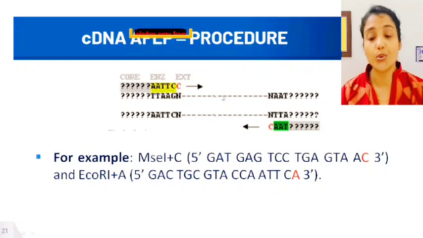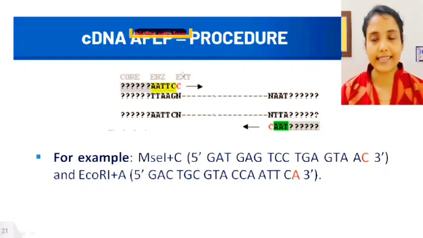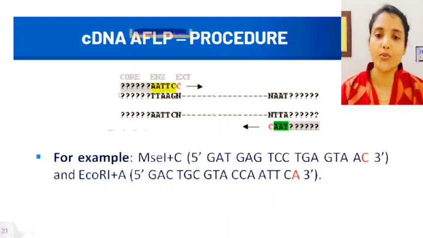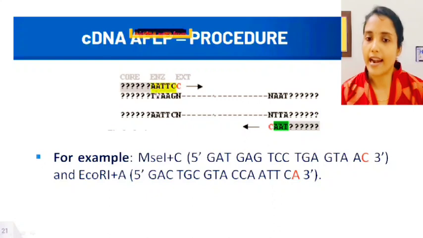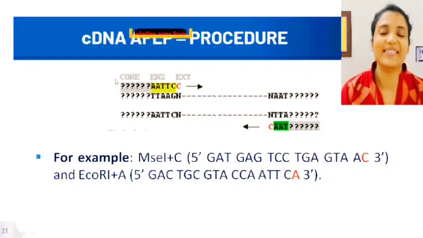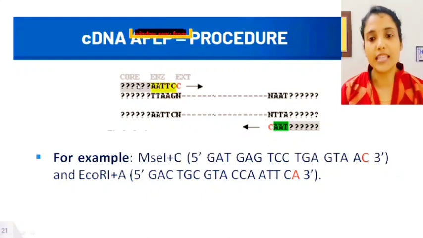It will be denatured into two single strands. So when that is happening, a primer will come and join in the second step, that is the annealing step. Now this primer is designed in a particular way that it has three parts, okay? The first part is the core part or the proprietary part, that is whichever company is producing these adapters. It will design the primer also in the same way. Adapter and primer both are designed by us, whichever company is designing, okay? So both of these will be the same.